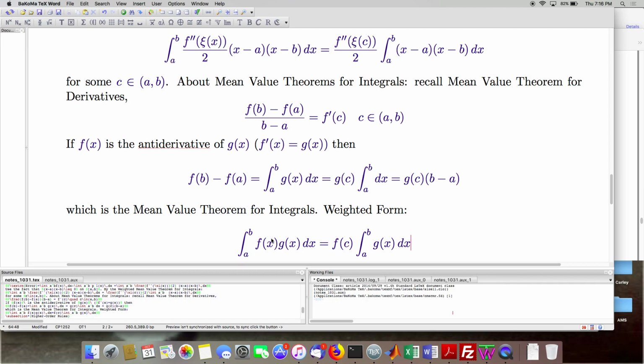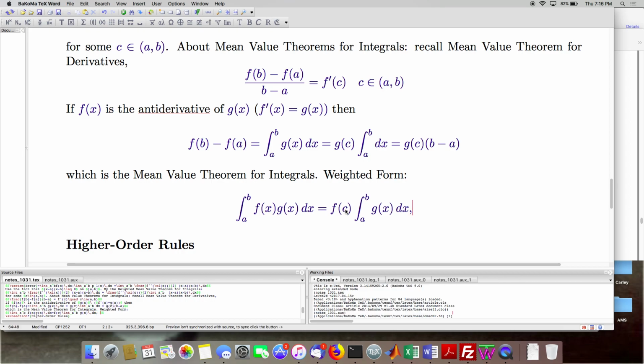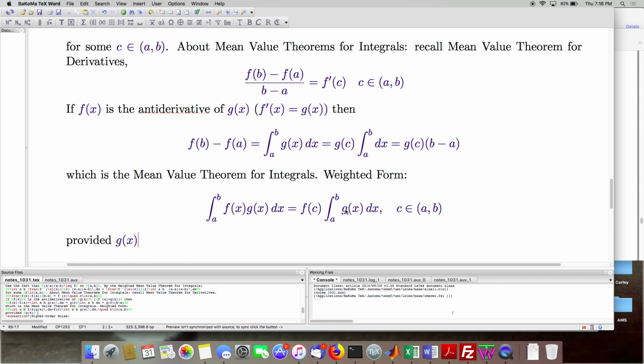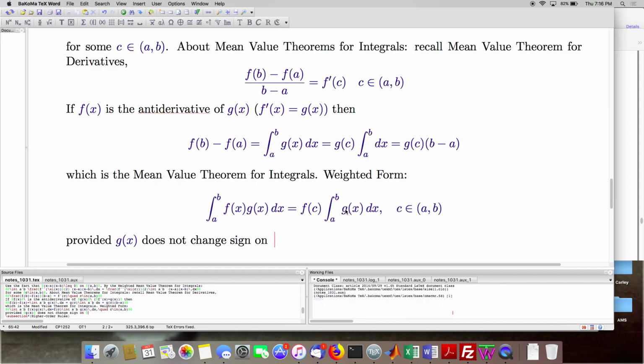So in other words, if you have an integral of a product, you're allowed to pull out one of the factors evaluated at an unknown point c in AB, provided that g of x does not change sign on the interval AB. So it's just a generalization of this.